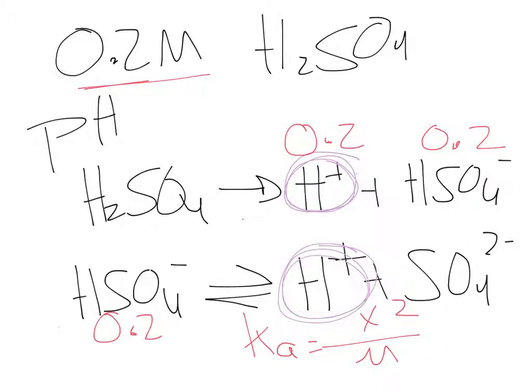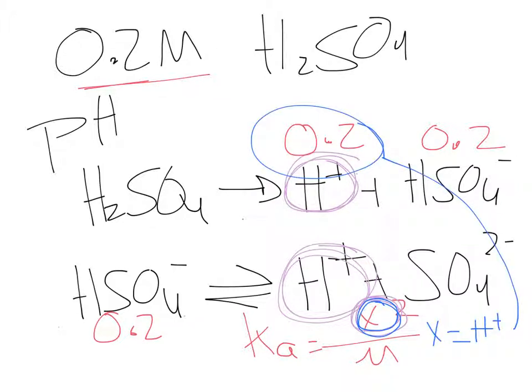You would find whatever x is, because x is equal to H plus, add that value to 0.2, and then take the negative log of that number.